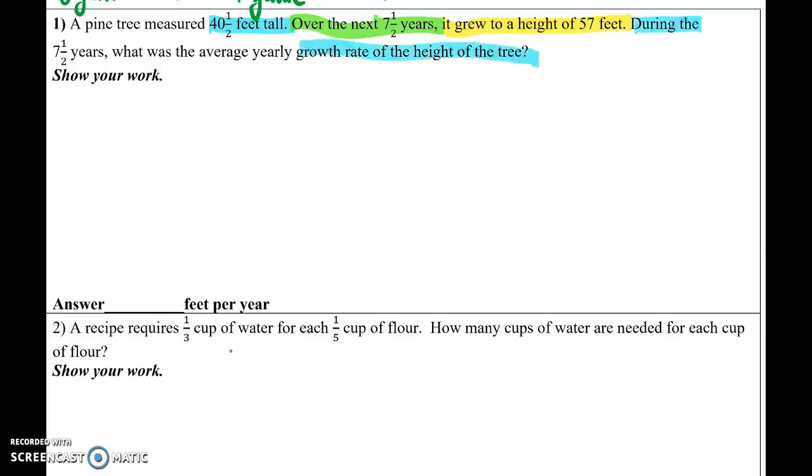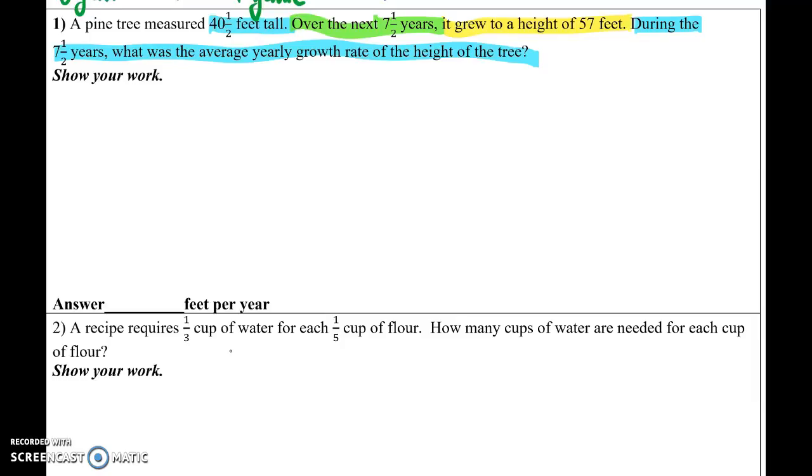All right, so once again, if we started at 60 inches and ended at 64, that means it grew 4 inches, right? And we could find that by doing 64 minus 60, which is 4 inches. In this case, we're starting at 40.5, and we're ending at 57.